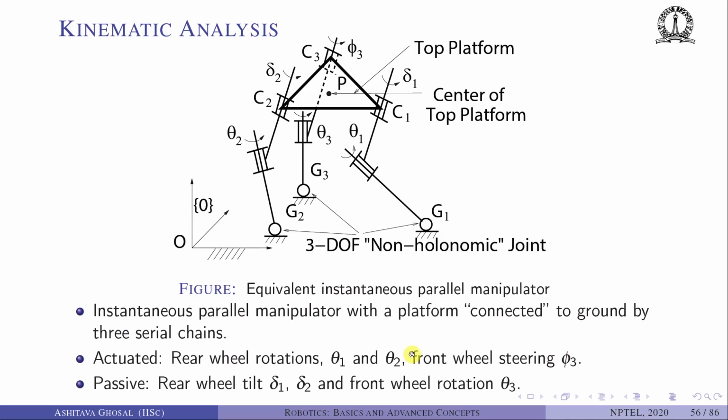You can think of some motors, maybe a hub motor, which is rotating the wheels, and wheel steering is in the front wheel, which is phi 3. And then there are these three passive joints. One of them is the wheel rotation of the front wheel, and then there are these two rear wheel tilts denoted by delta 1 and delta 2.